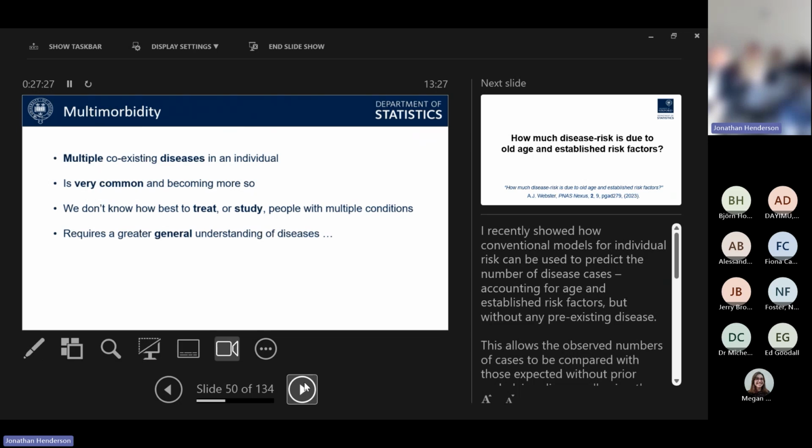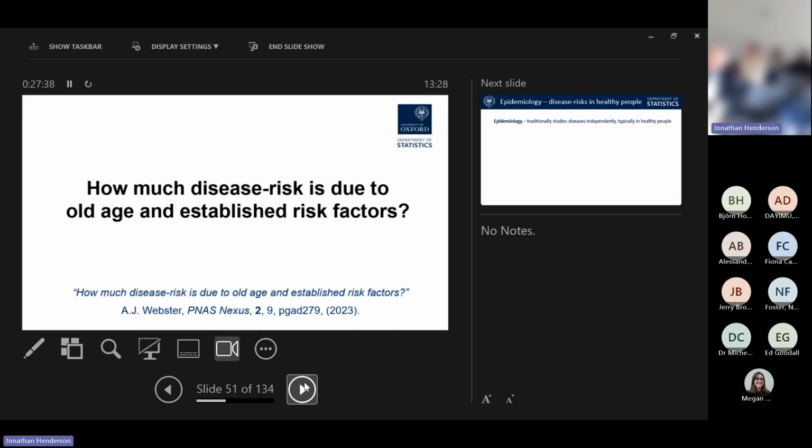It requires a much greater general understanding of diseases and the interactions with medications and treatments. So I was thinking about this from the perspective of clustering diseases by how modifiable they were, and at this point starting to look at how other diseases might change your subsequent risk of a different disease. Thinking about how to do this led me to raise the question, well, how much disease risk is simply due to old age and established risk factors?